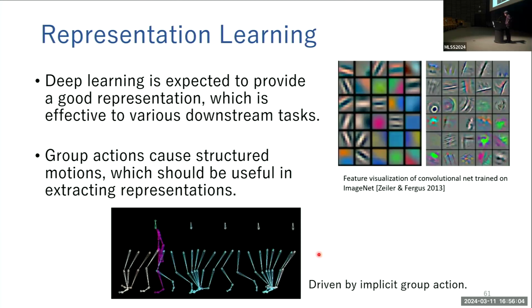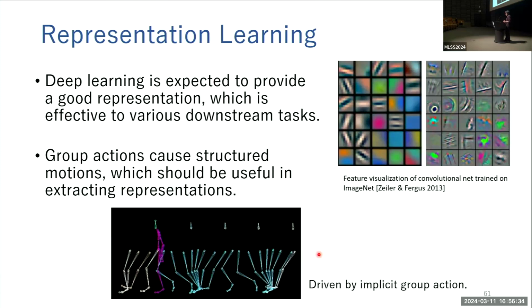Here is a picture that depicts the human gait. You may see that the human gait is very periodic. In another sense, this may be given by some group action applied periodically. Of course, we cannot describe such a group action very explicitly, but it may be natural to imagine some group action behind the gait motion to make such periodic motion.